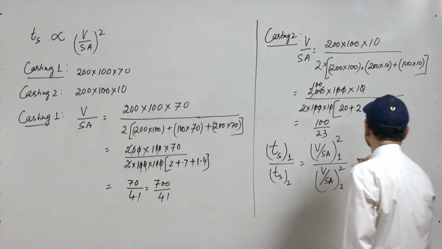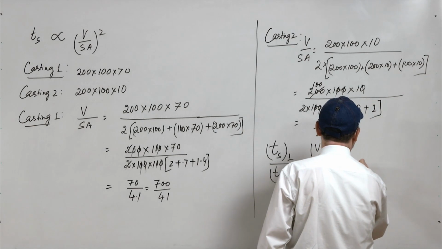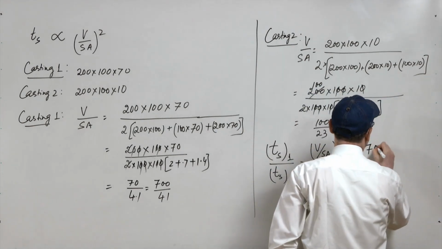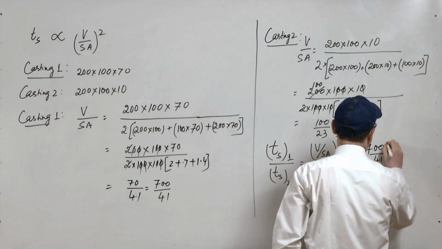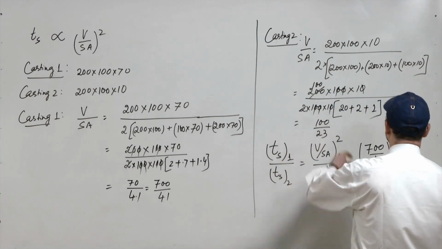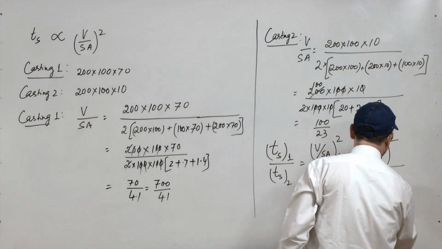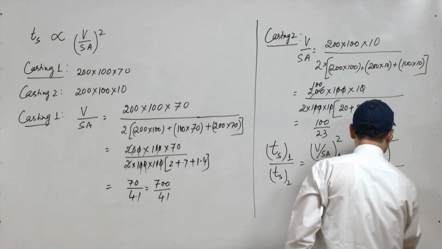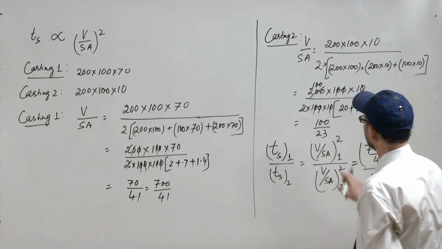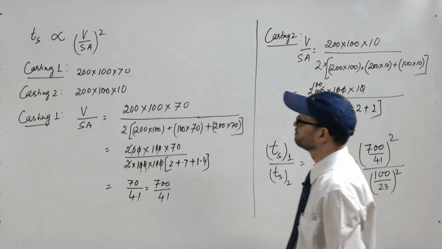V by SA for first is 700 by 41 square divided by 100 by 23 square, and Ts1 is given as 10 minutes.